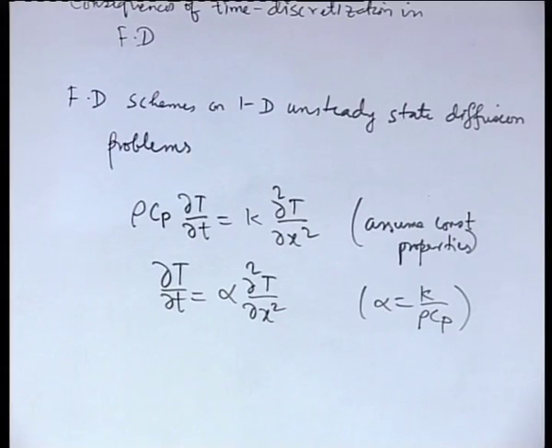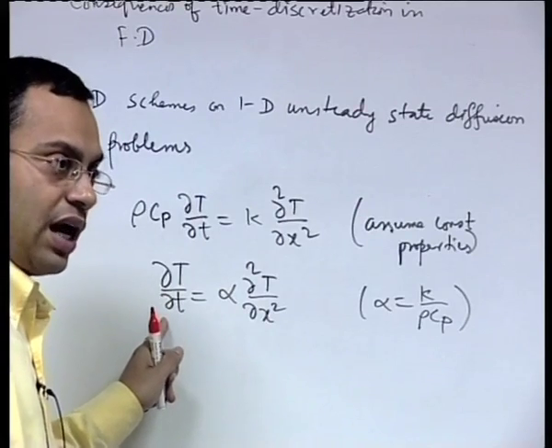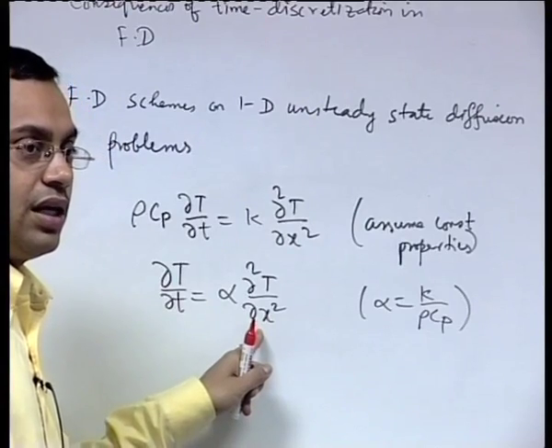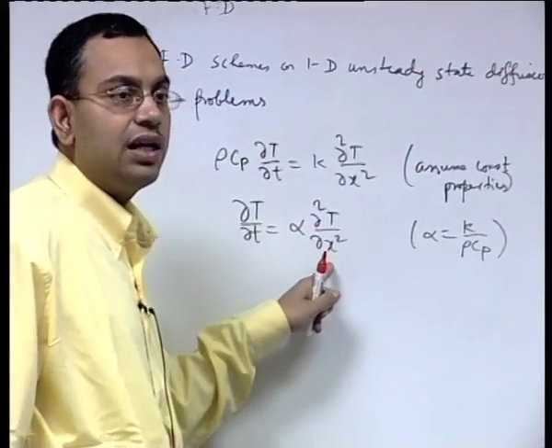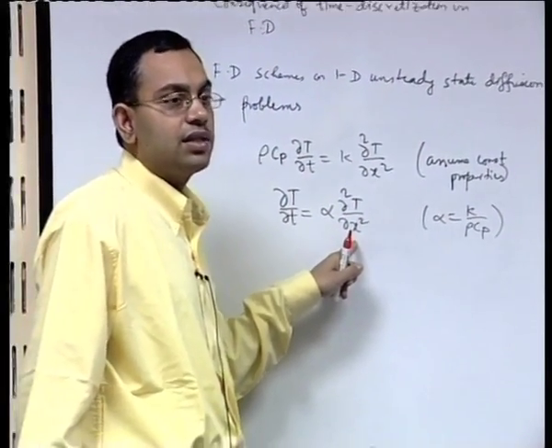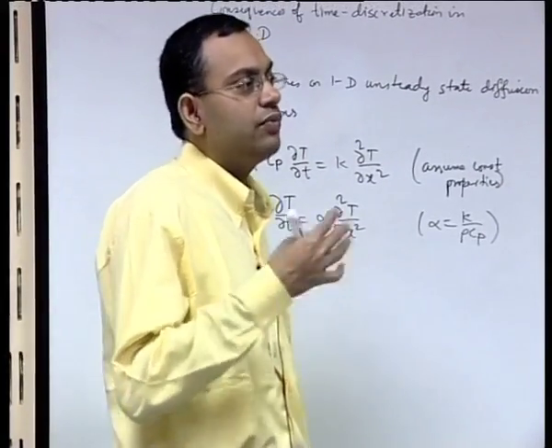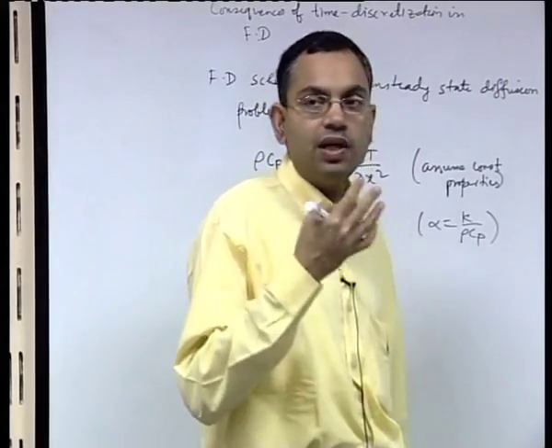Now, this prototype equation has a time component in it and a space component in it. So, depending on the differencing scheme that we use for the time and the space, there are different finite difference schemes. If you recall, we had different types of finite difference discretization, like forward difference, backward difference, central difference.